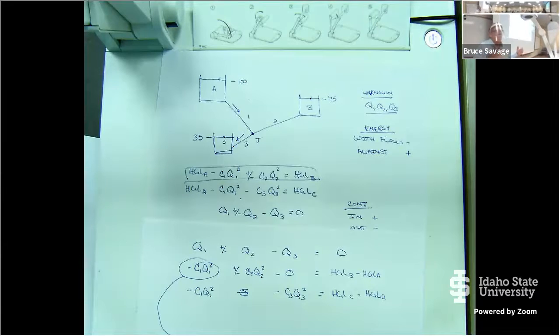That's called the Newton-Raphson method. We're not going to get into that. We're going to do a simple linearization. This doesn't work on all problems, but it works for a fair number of them. If I want to linearize C1 Q1 squared, it simply becomes C1 times Q1 old times Q1 new.